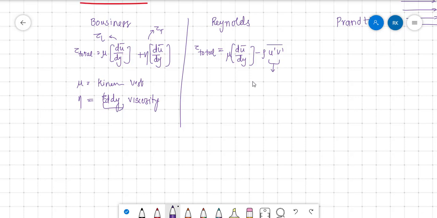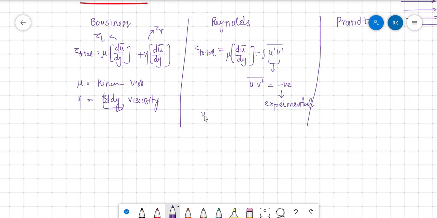This value u dash v dash bar is found to be negative from experiments. So from performing experiments, this value is found to be negative. That's why the negative sign is included instead of a positive sign. So that is Reynolds.